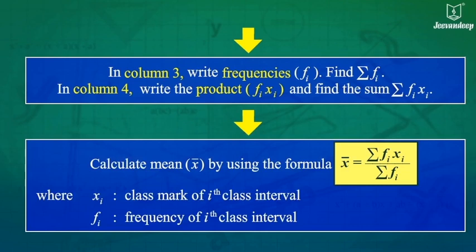Calculate mean represented by x bar using the formula x bar equals sigma fi xi upon sigma fi, where xi is the class mark of ith class interval and fi is the frequency of ith class interval.